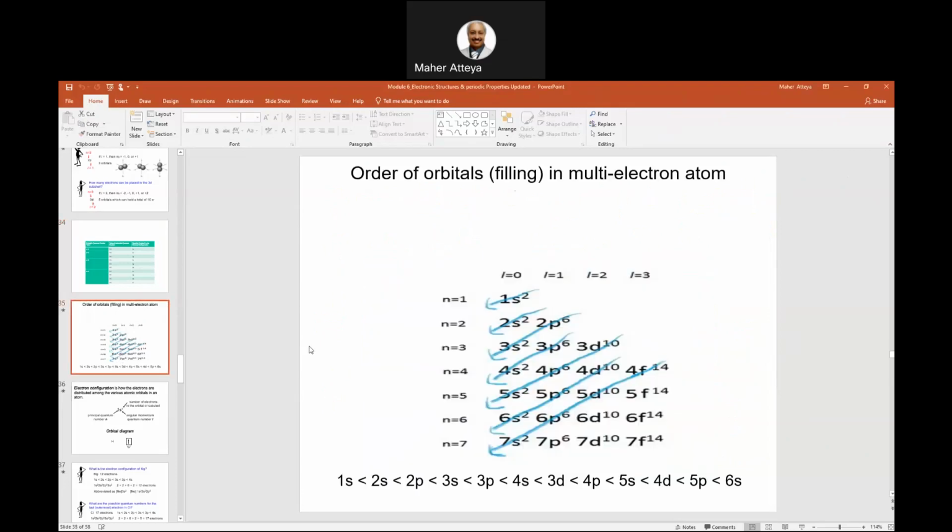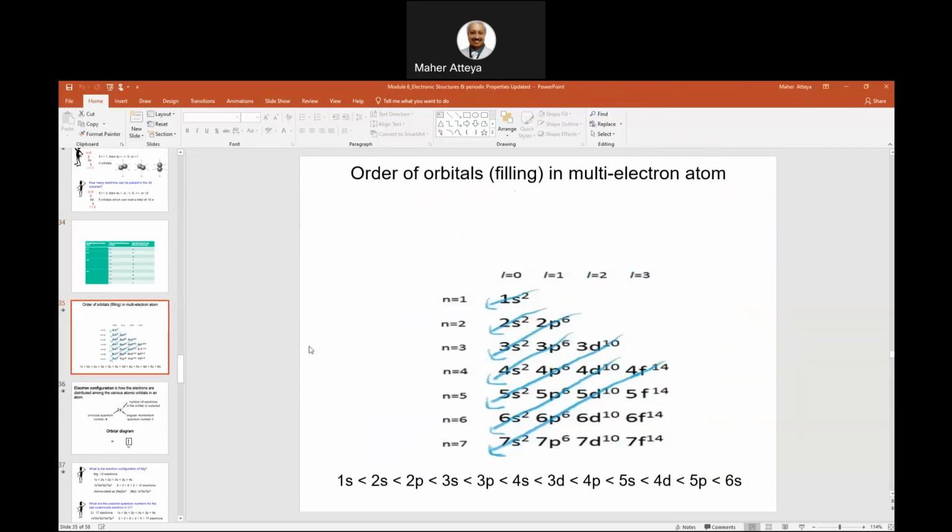How to build those electrons into the element? We have a method called the head of the arrow and the tail of the arrow.